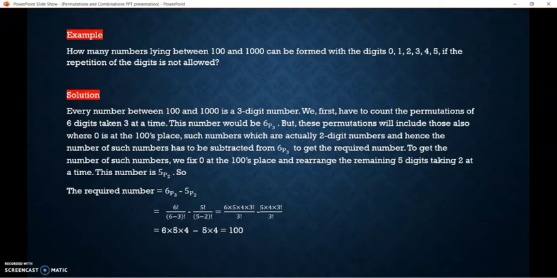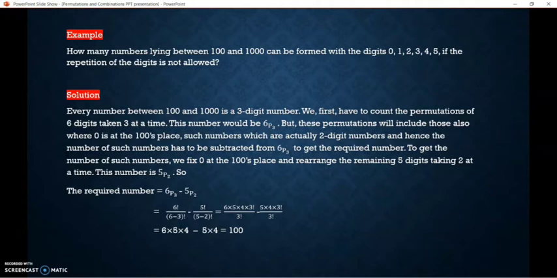That means you remove 0 and find the remaining permutations of 5 digits taken 2 at a time. So it will be 5p2. And we subtract 5p2 from 6p3 to get the 3-digit numbers from 100 to 1000.